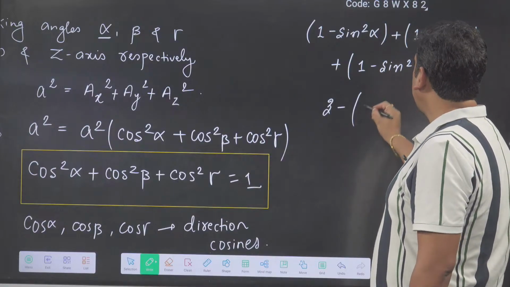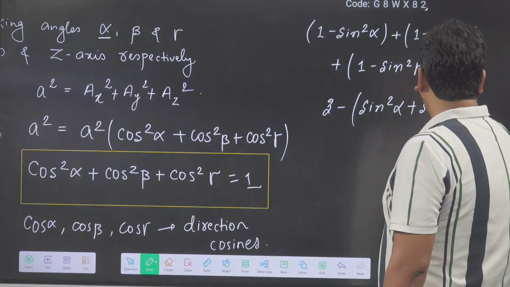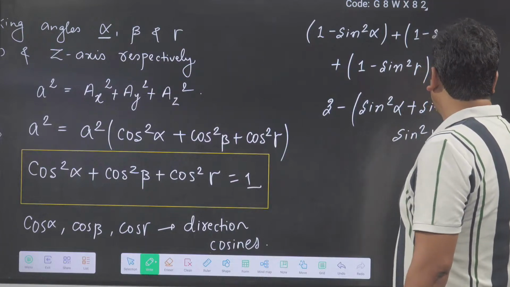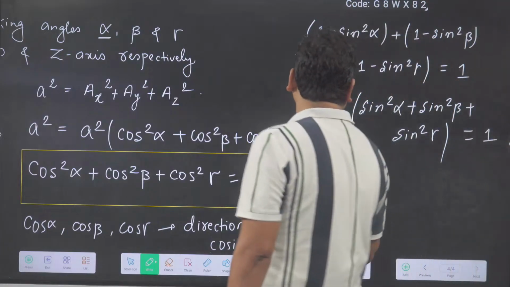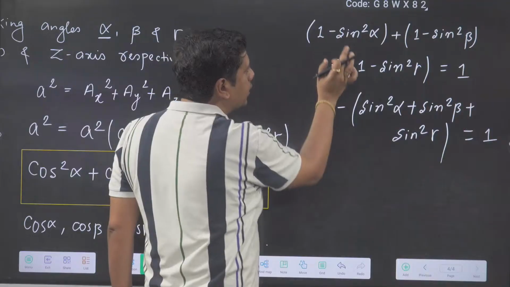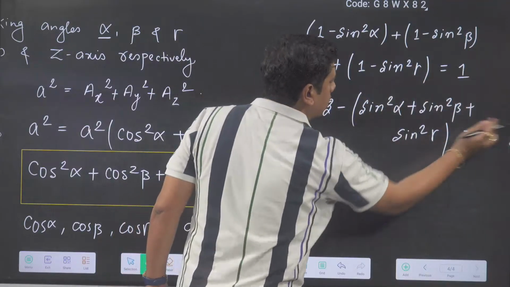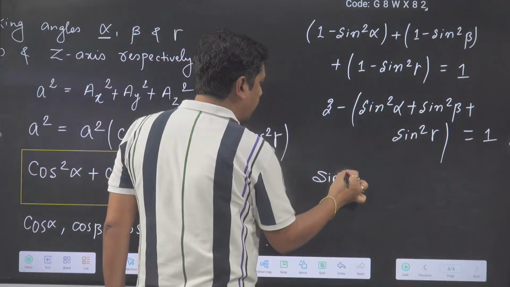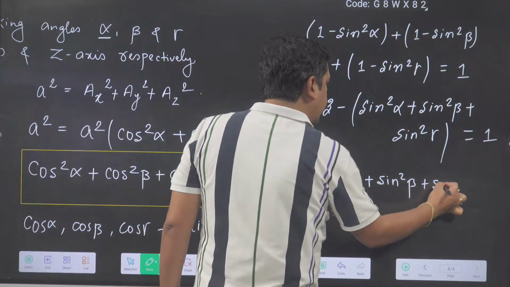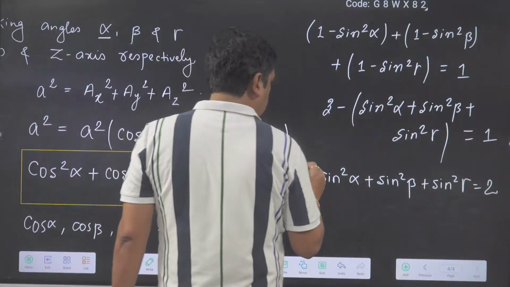So it will become 3 minus the common sine square alpha plus sine square beta plus sine square gamma equal to 1. 1 plus 1 plus 1 is 3, minus all the sine square terms added, equal to 1. Take the sine square terms, sine square alpha plus sine square beta plus sine square gamma, and 3 minus 1 will become 2.